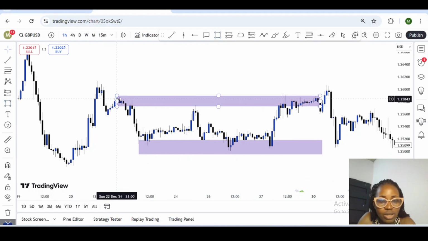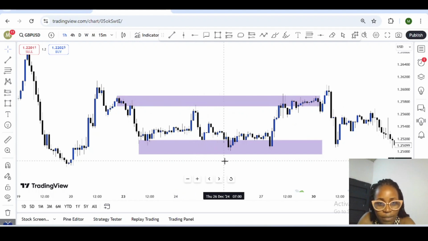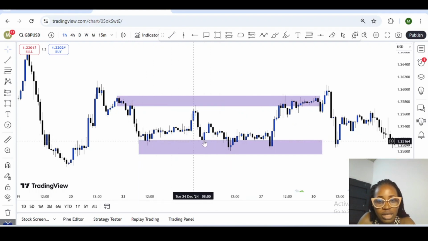But retraced up a little to this point, pushes to the downside, and now it's coming back up again to this point. What the market makers are trying to do here is to pile up liquidity, because people will believe that this market is going to drop lower, or some will believe the market is going to push higher when seeing this kind of formation here, right?